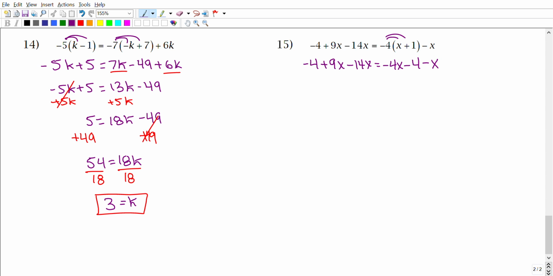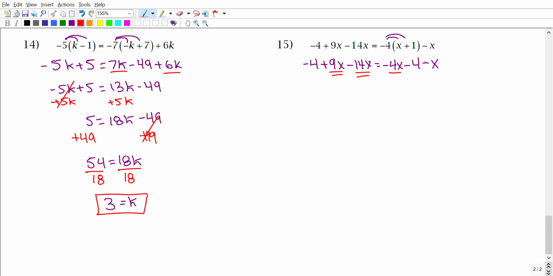Now, a lot of you guys might have combined the 9x minus 14x first. That's totally fine. This is just my way of making sure I'm following my steps by making sure I do distribution first. But if you combine those first terms on the left side, that's totally fine because I'm actually about to do that now. I could definitely combine those two, all right?